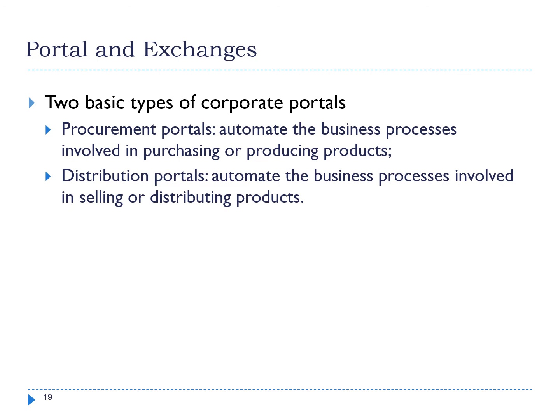There are two basic types of corporate portals. Procurement portals can be used to automate the business processes involved in purchasing or producing products. Distribution portals can be used to automate the business processes involved in selling or distributing products.